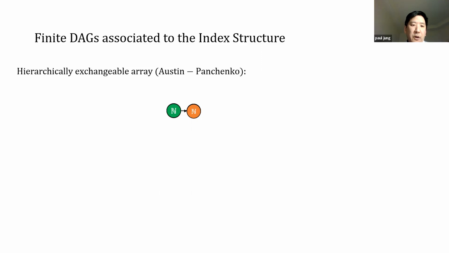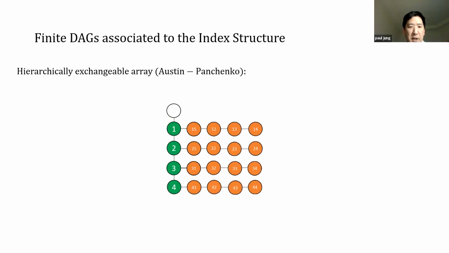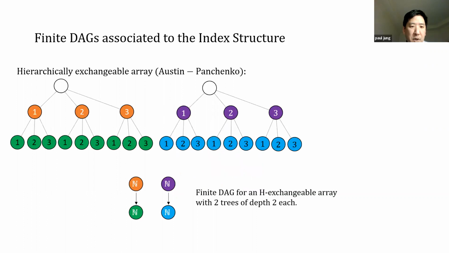And then we always start from the top of the hierarchy. So this is the green vertex, and we emanate all the vertices from the green, and next we emanate all the vertices from the orange. That's how we get the hierarchical exchangeability structure that I described for this two-dimensional array. Now remember, this is sort of like a tree structure, so we can take this tree and cross it with another tree, and ask what is the finite DAG associated to that?